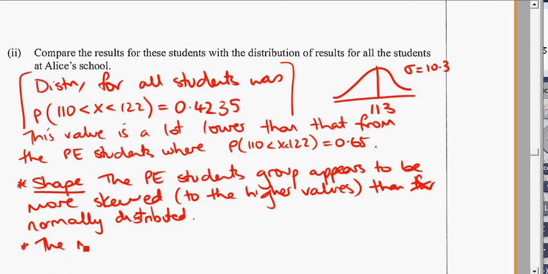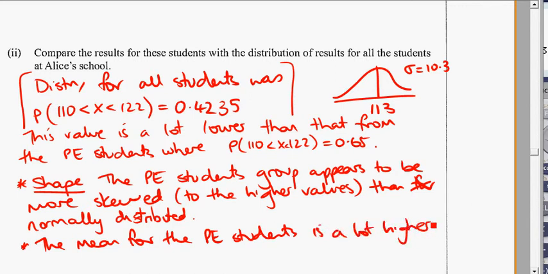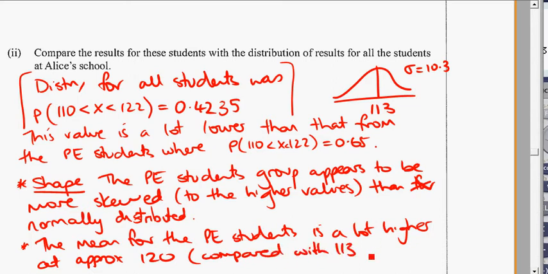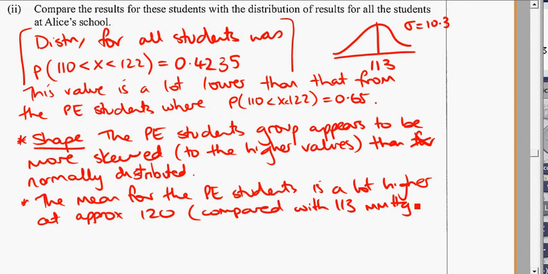The mean for the PE students is a lot higher at approximately 120 compared with 113. We better use a unit. For the whole group. Similarly, the median is a lot higher too.